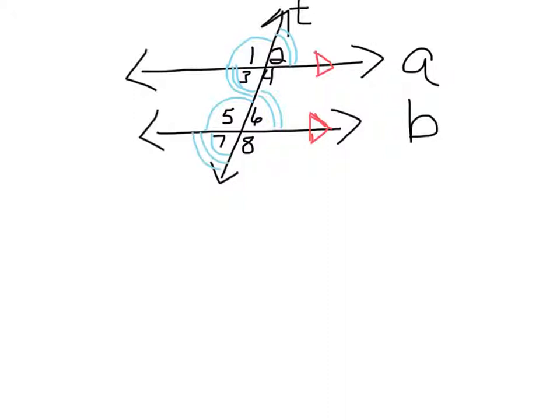Then angle 4 corresponds to angle 8, and if and only if the two lines are parallel, then angle 4 has to be congruent to angle 8. Now, this is only true if A and B are parallel. If it doesn't tell you A and B are parallel, then these statements cannot be proven true.